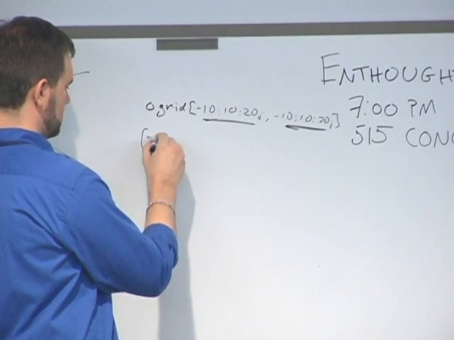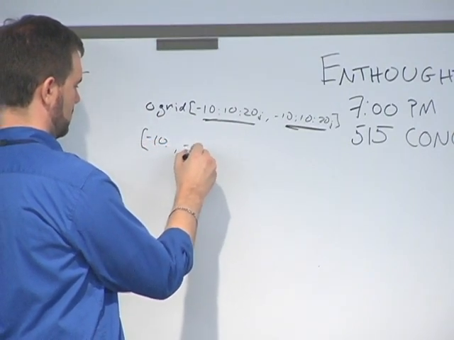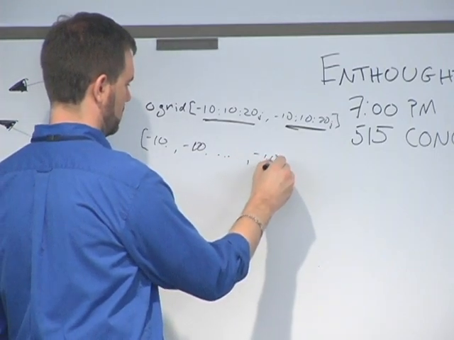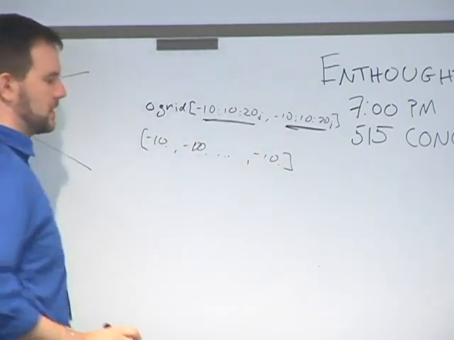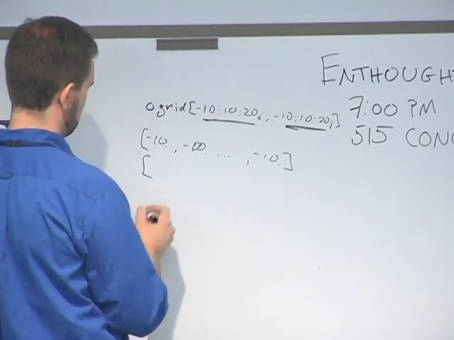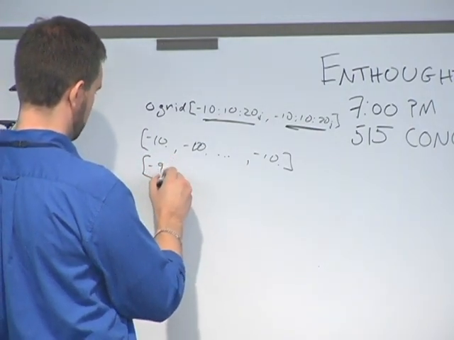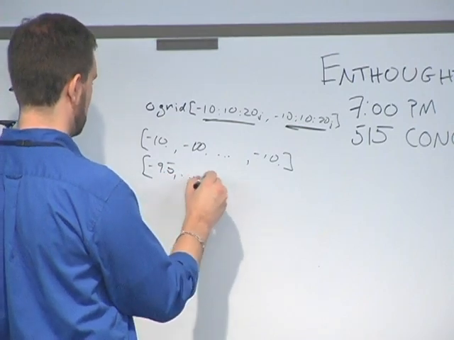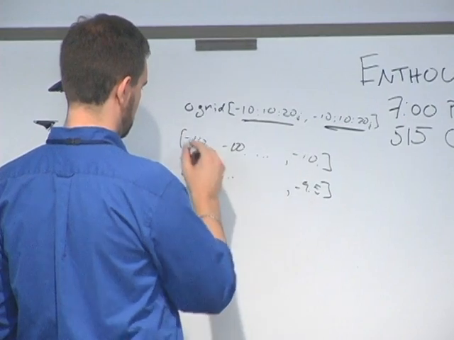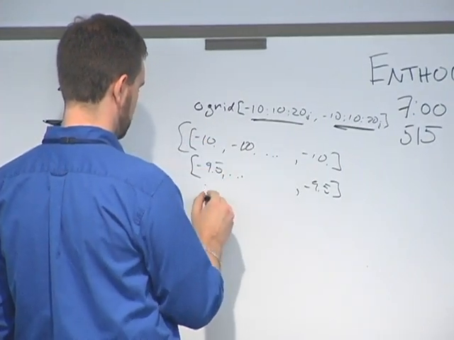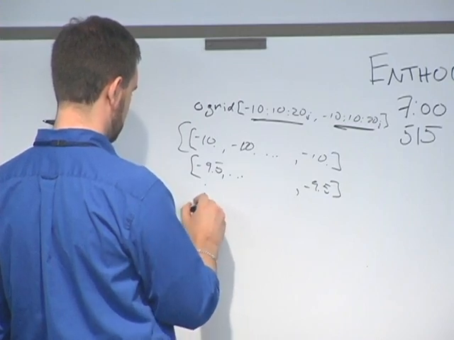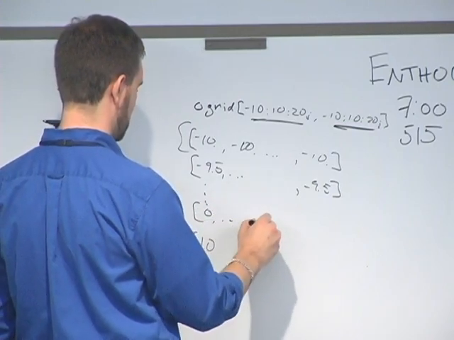So the first row is just going to be minus 10. The next row is going to be something close to minus 9.5. So it's going to be two-dimensional arrays, basically. The last row is going to be 10, and there's going to be something close to 0, if not exactly 0, in the middle.